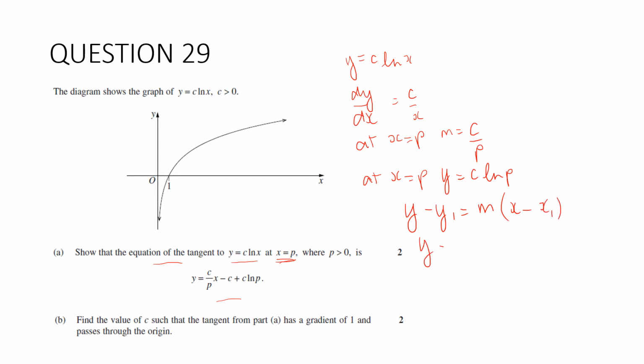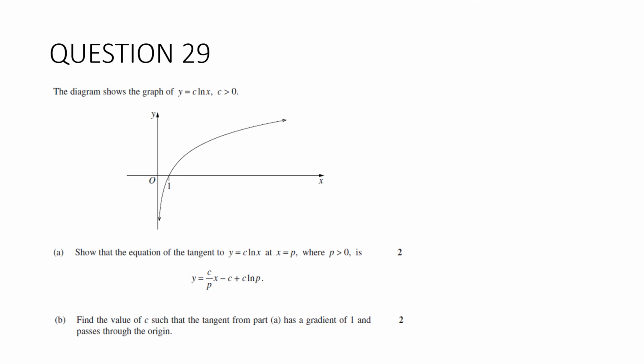So y take y1 is this, c ln p equals m, which is here, c on p, x take p. Alright, we're just going to tidy this up to get that. So y equals, we'll expand this out, c on p x, take away c, and then take that over, actually we're done, plus c ln p. There it is.